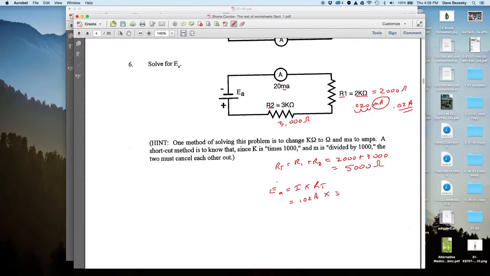RT is 5,000. So if we multiply that out, 0.02 times 5,000 is 100. So EA is equal to 100 volts. Okay, well that does it for assignment sheet 3.